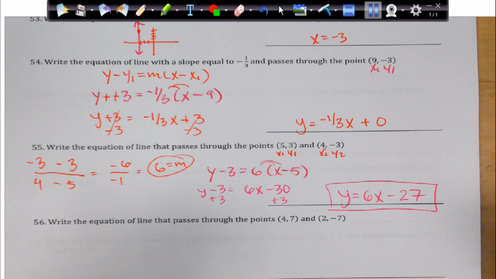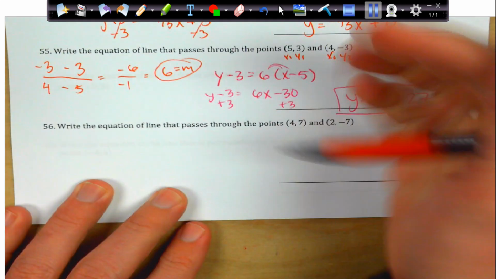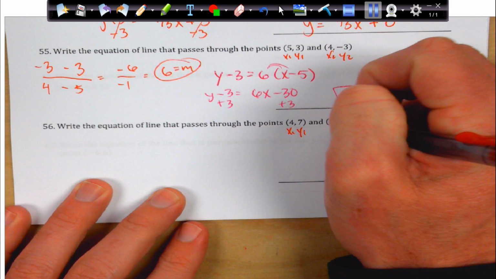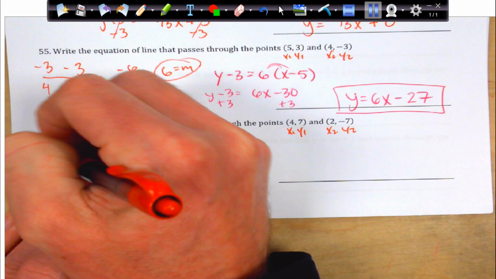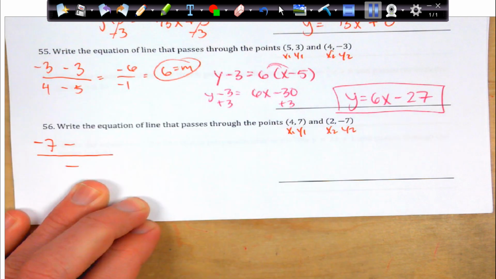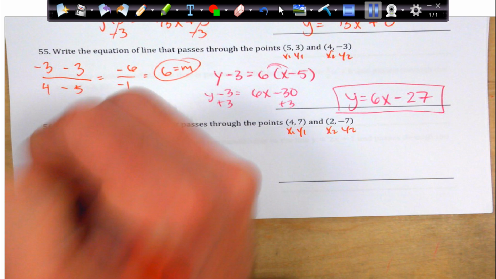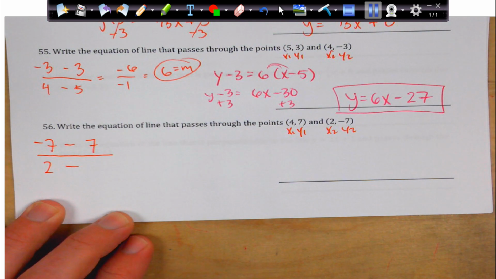So again, same thing. Next one. x1, y1, x2, y2. Put that negative in already, so we get negative 7 minus 7, 2 minus 4.